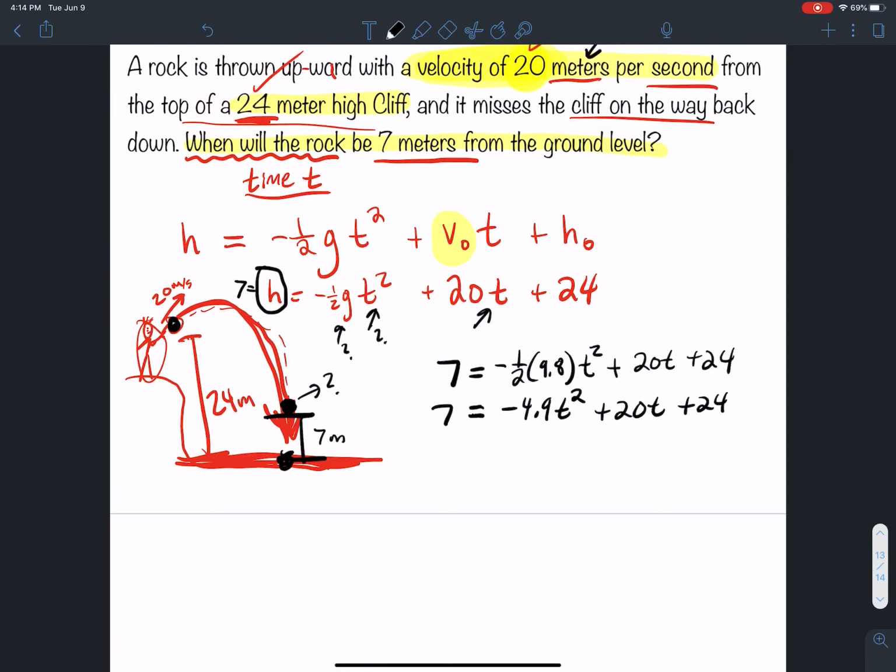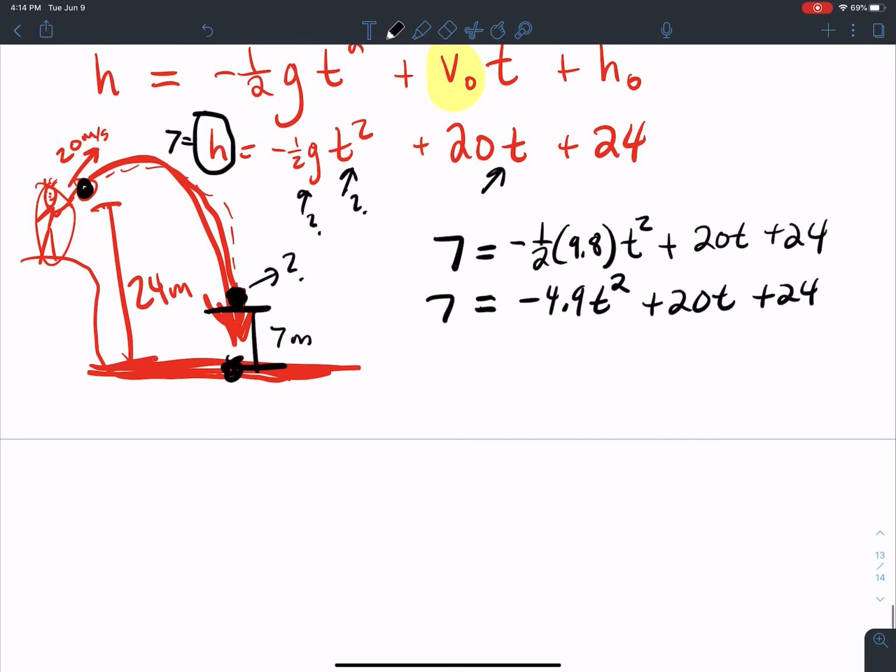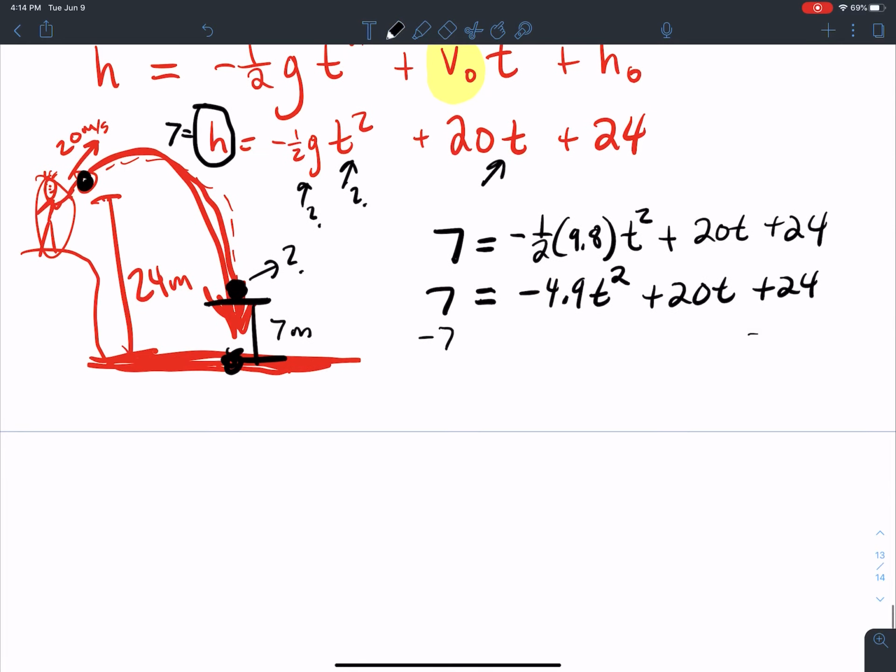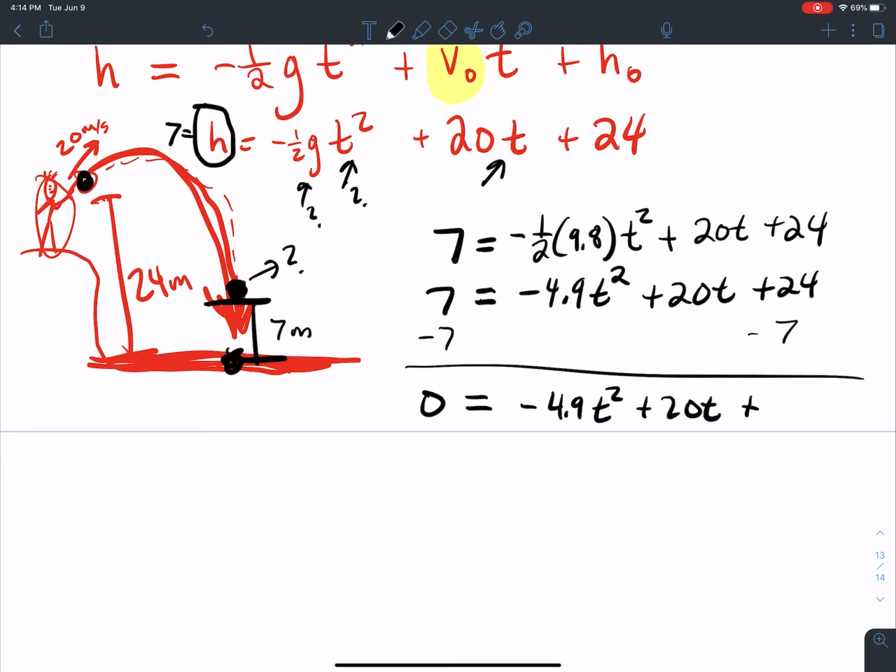To use the quadratic formula, I need a to be positive and I need the equation to equal 0. Neither one of those is true right now. My a is negative and it's not equal to 0. So I'm going to move the 7 over here. I have 0 equals negative 4.9 t squared plus 20t plus 17.